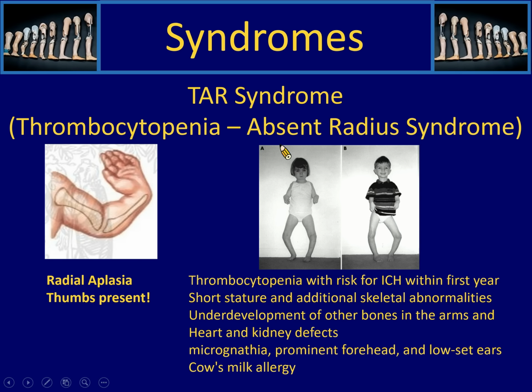During pregnancy, if you do some genetic tests, you can see a baby with TAR syndrome. It comes with thrombocytopenia, and in that case there is a risk of intracranial hemorrhage in the first year. These children will have short stature and some skeletal abnormalities, especially in the radius or loss of the radius. Some of them will have heart and kidney deficits, micrognathia, a prominent forehead, and low-set ears.